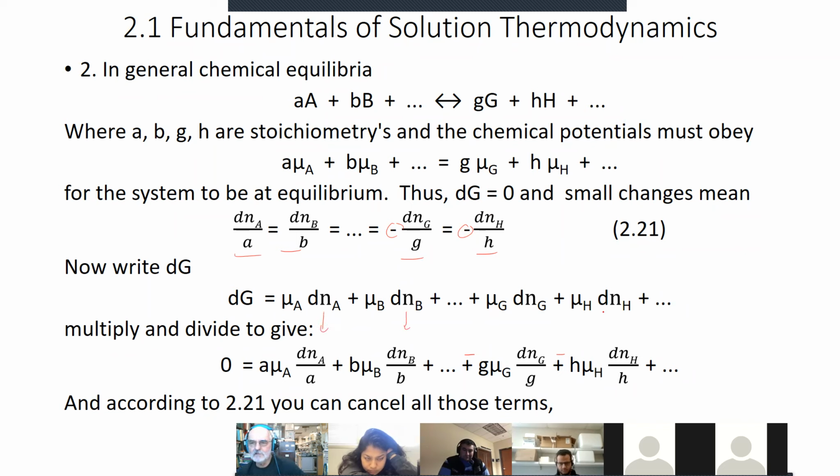Okay, so we're multiplying this whole equation by something that is the same value, dNA over A. And we multiply that times the first term, but we'll multiply the second term by dNB over B and et cetera all the way across. These are all the same value, so we're simply multiplying by the same value all the way across. That's why this should be a negative sign. I think that's a mistake in the book.